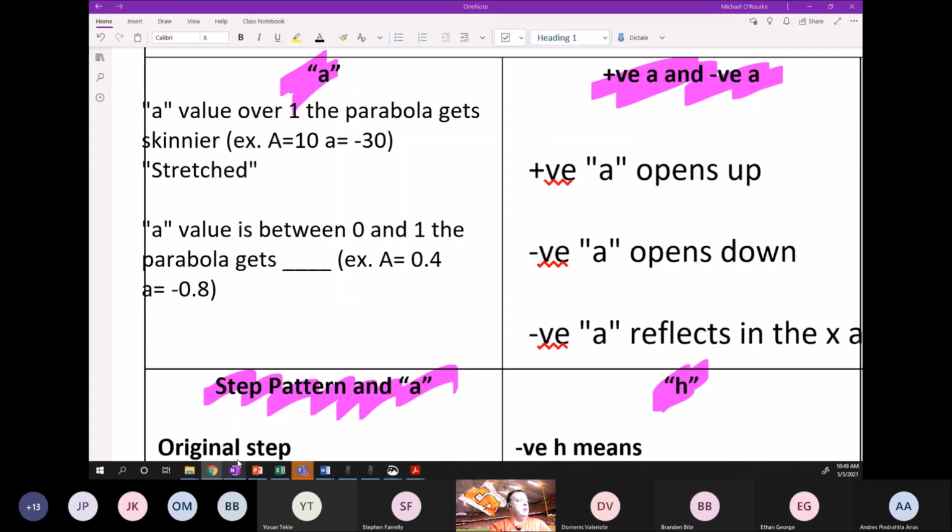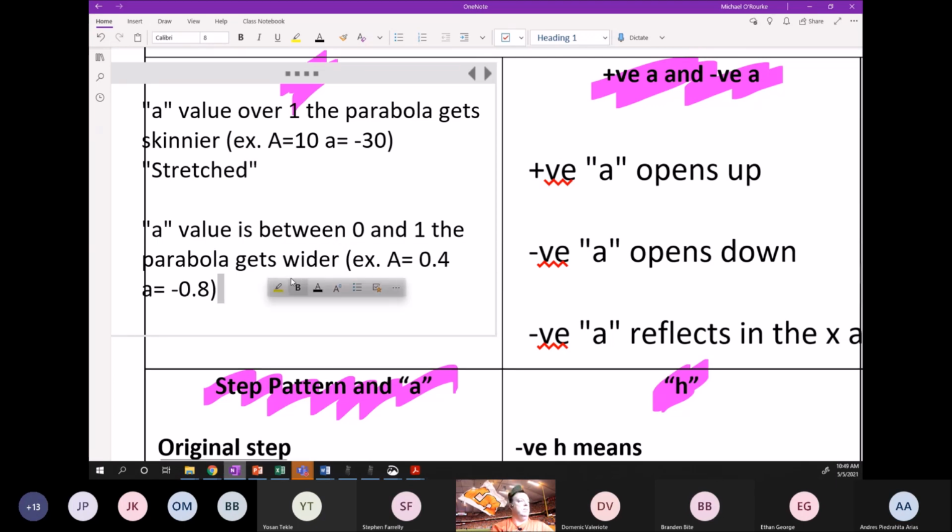So let's hop back to our note here. So it gets wider. Does that make sense to everyone? So if it's a number above 1, it gets skinnier, it gets stretched. If it's a number between 0 and 1, both positive and negative, it gets wider.